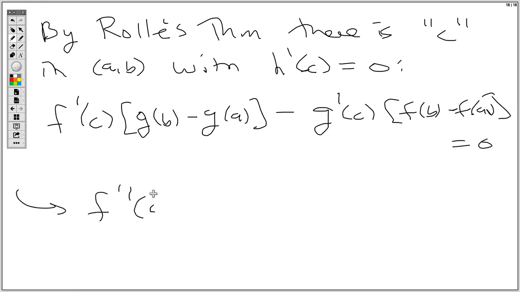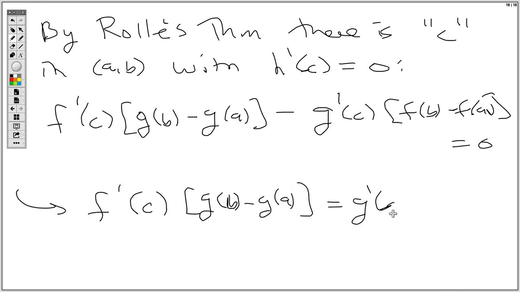Or in other words, f prime of c times g of b minus g of a is g prime of c times f of b minus f of a. And that's our proof.